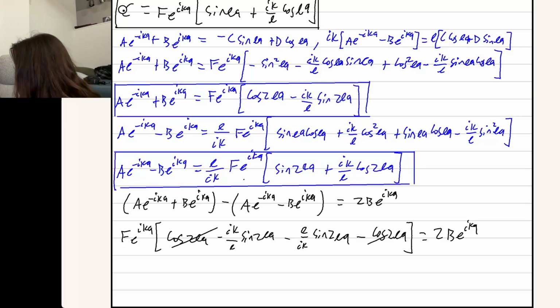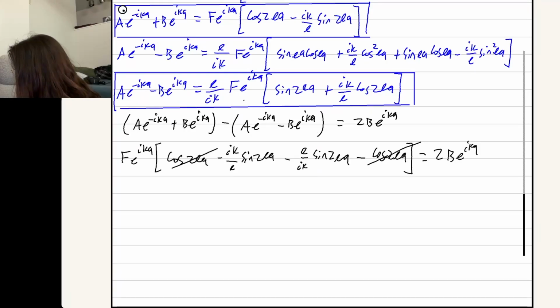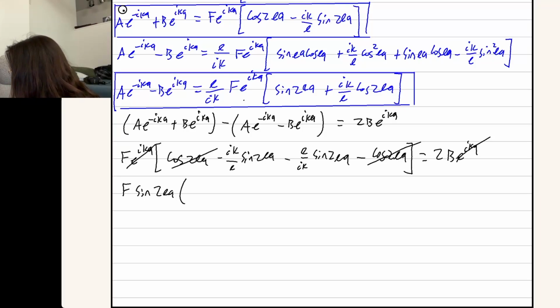The cosine terms do get canceled out, so that's fun. So we have f e to the ika, and also let's just go ahead and cancel out those exponential terms. Bam, bam. F times sine 2LA, and then there's this really funky term which is minus ik over L minus L over ik, and that's equal to 2b.